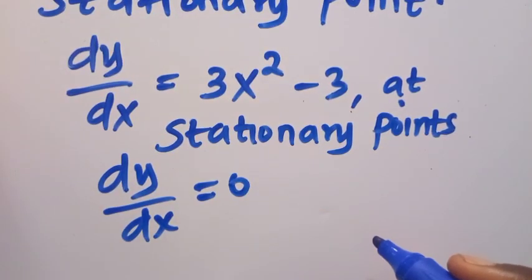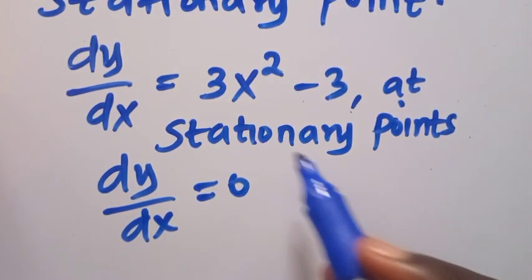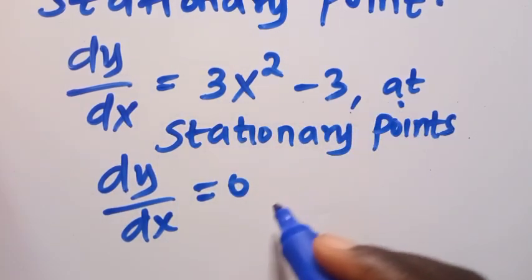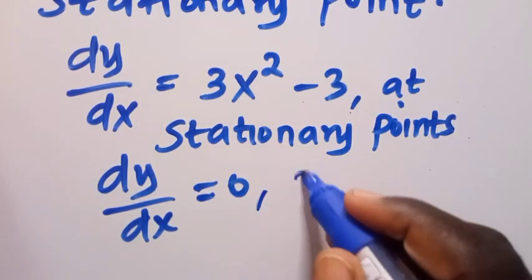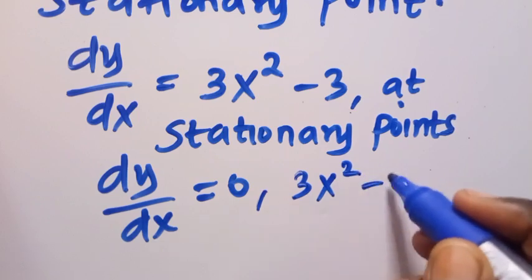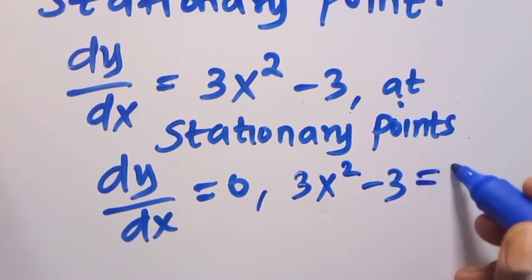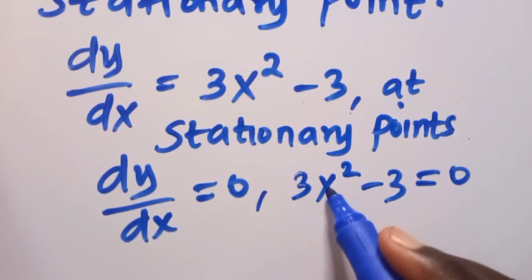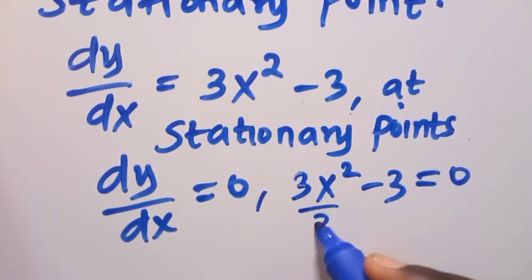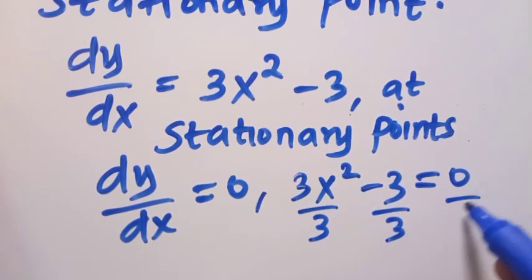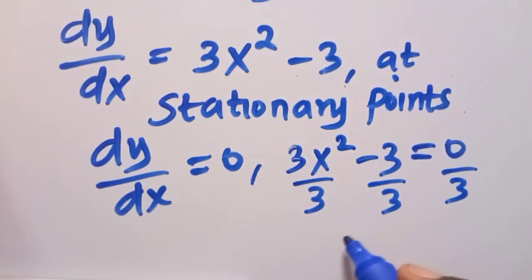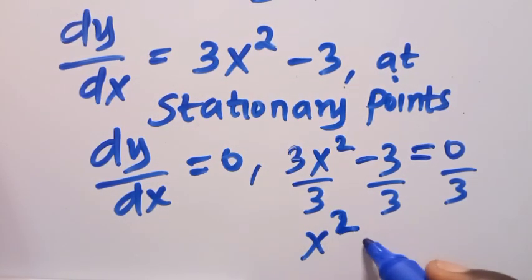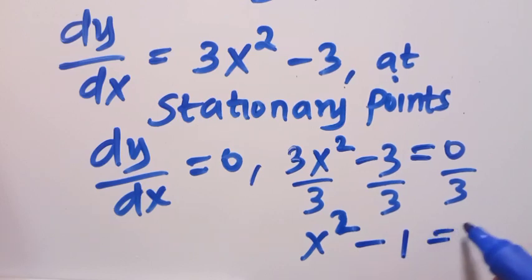Therefore, since our dy over dx is 3x squared minus 3, we can equate it with 0 in order to obtain the value of x. Now we can divide by 3 throughout, so that we have x squared minus 1 equals 0.